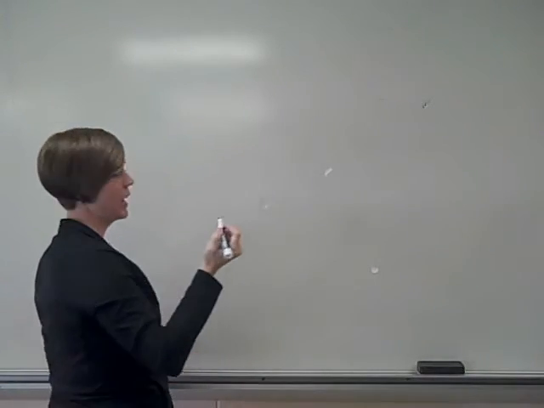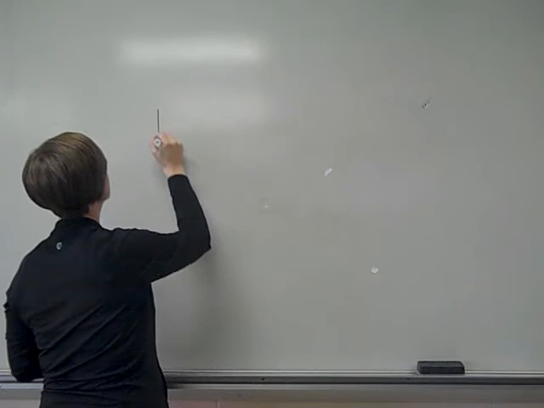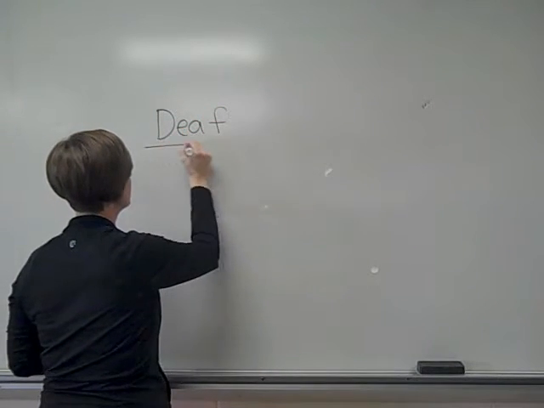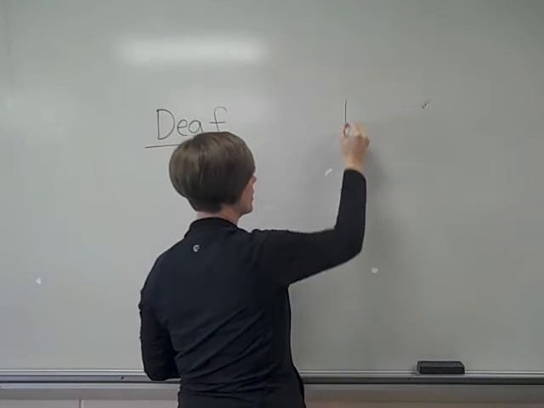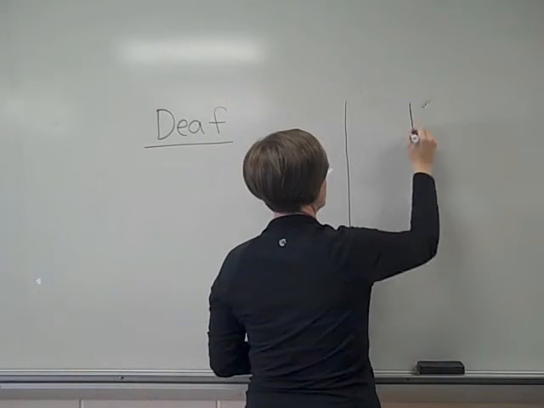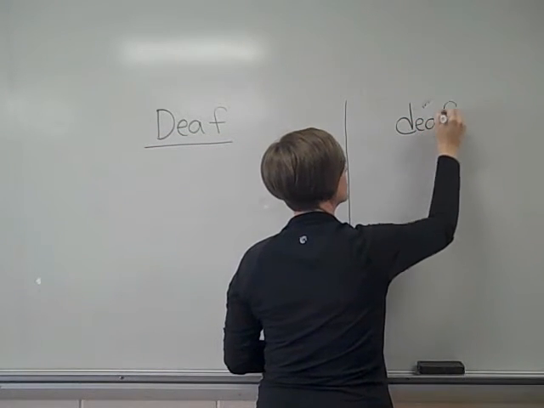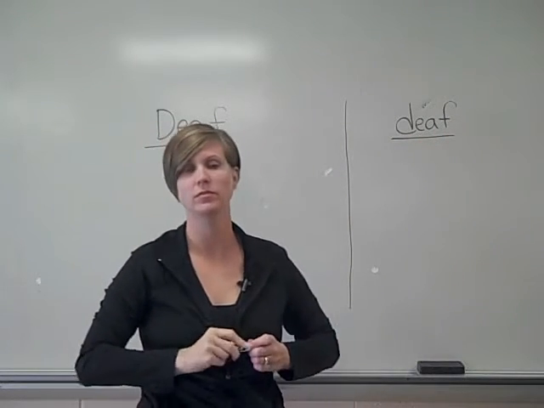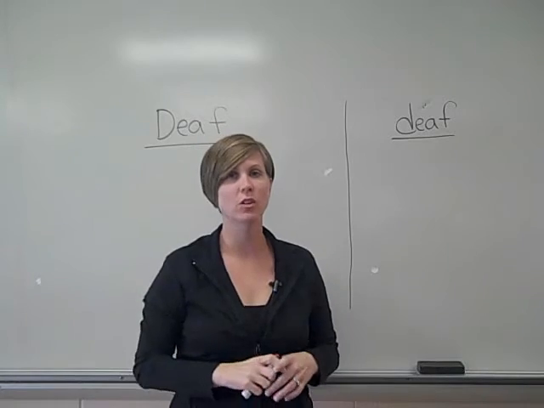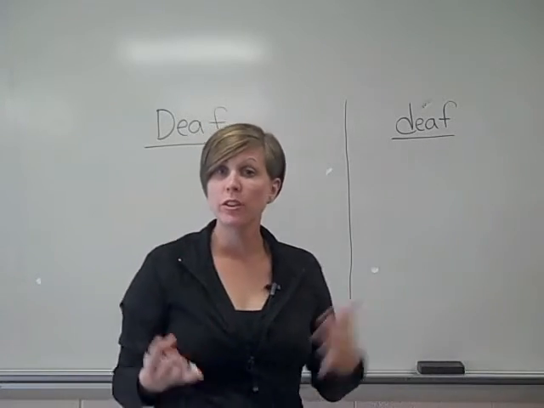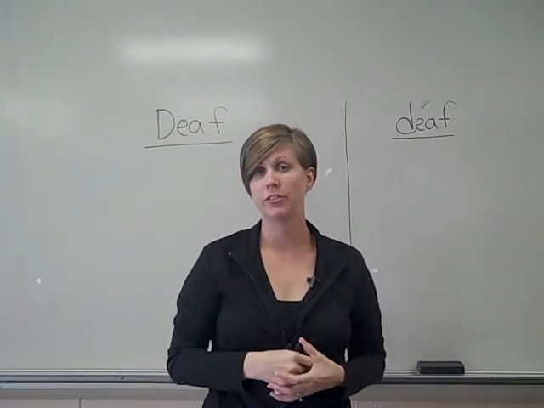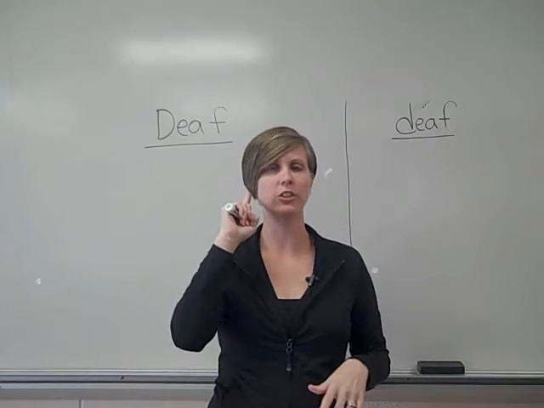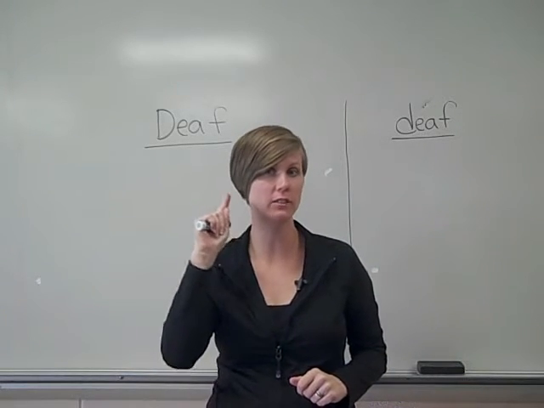All right, so we have our capital D, deaf. On the other side, we have our lowercase d, deaf. All right, so maybe when you think about people who are deaf, you would think initially, oh, they can't hear, or they have some kind of hearing loss.